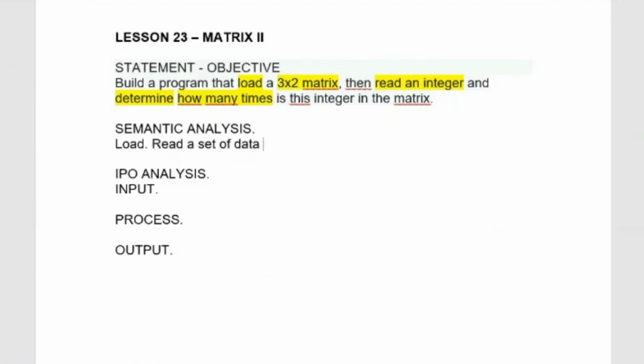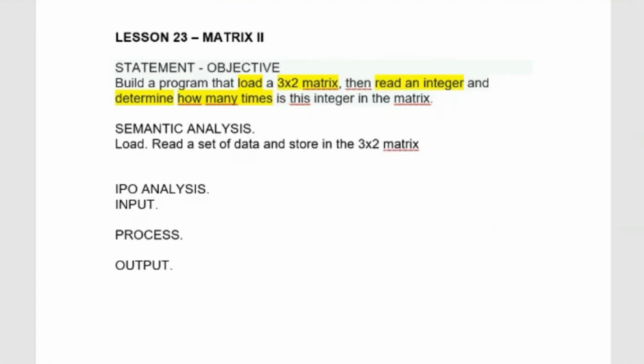Load is read a set of data and store in the 3 by 2 matrix. Okay? What is a 3 by 2 matrix? It's a set of numbers, in this case, organized in 3 rows and 2 columns.